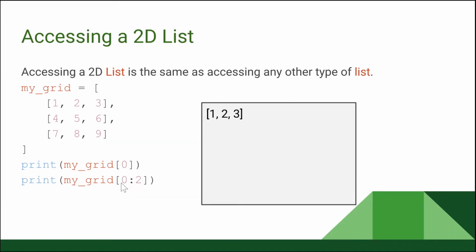And I'm also allowed to slice my 2D list because that is a list. Any list can be sliced. So if I slice from 0 to 2, we're not going to include 2. So we're going to have the lists 1, 2, 3, and 4, 5, 6 still in another list because a chunk of a list is going to be yet another list. So we get left with the list of the list 1, 2, 3, and the list 4, 5, 6, all as one big list.